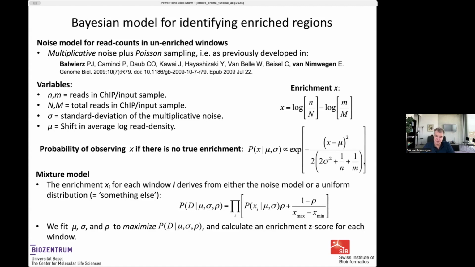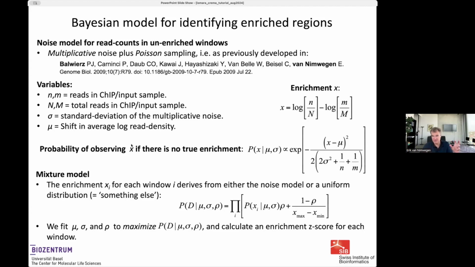It turns out you can model this well by a log normal distribution, so a normal distribution in x, with a variance that is the sum of some variance coming from noise in the measurement process, due to PCR amplification, shearing or cutting of the DNA, efficiency of the ChIP, and so on, which is a value sigma squared, plus noise coming from the sampling, whose variance is 1 over n plus 1 over m. So that's the statistical model we use.